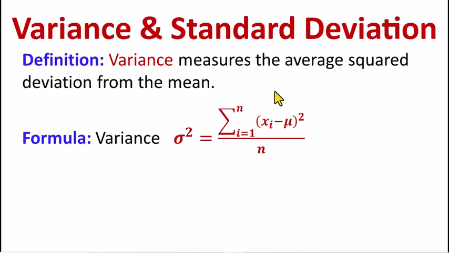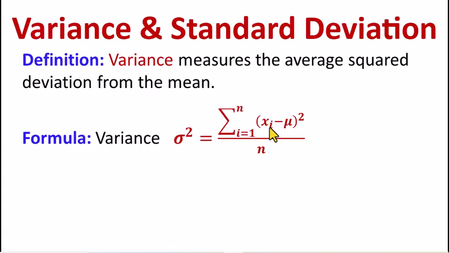And if you look at this formula, it looks very complicated, but really it is not. What this symbol means is that we're going to add; this is the sum symbol in mathematics. So we're going to add some numbers, and the numbers that we're going to add are squares of differences between each number in the data set.